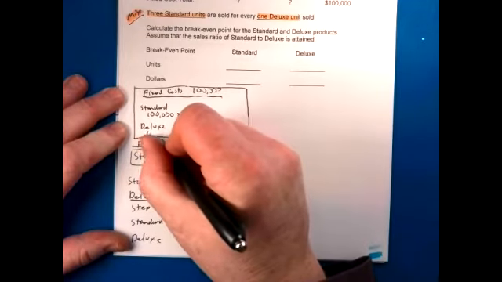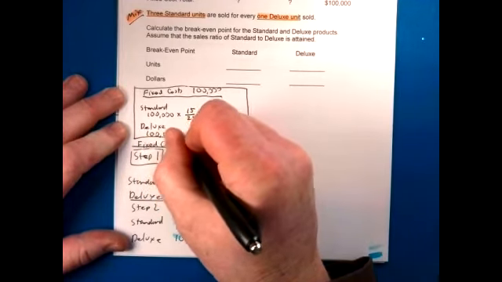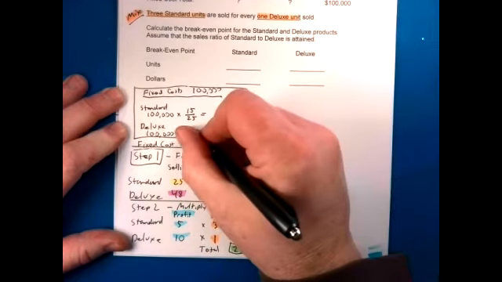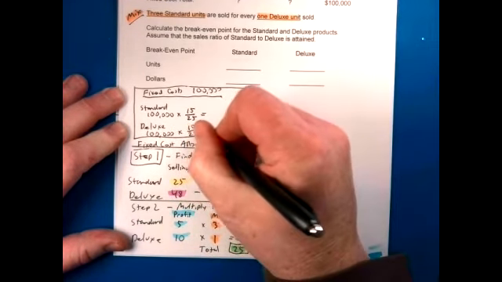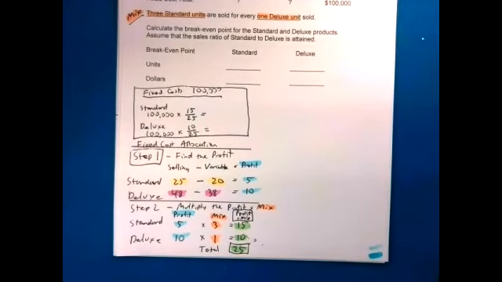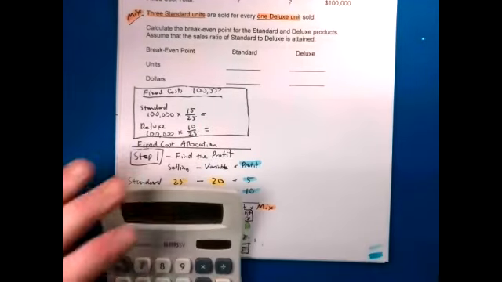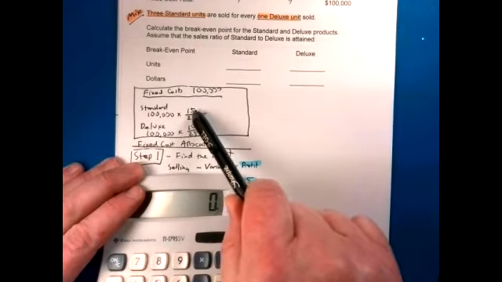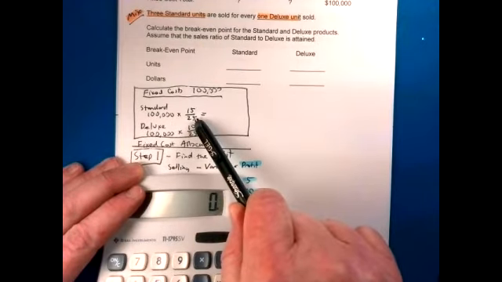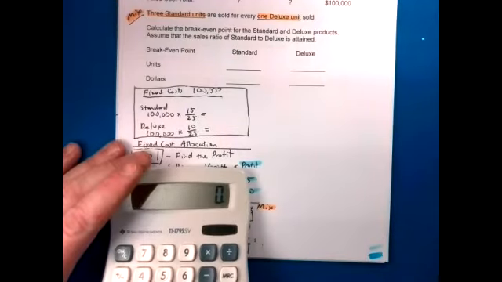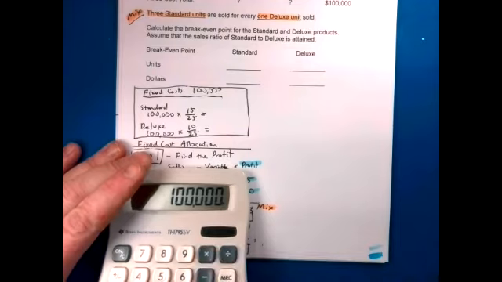The deluxe will be 10 of the 25. And that's how much they're going to get. The easiest way to do this is just take the 100,000 times 15, divide by 25. You could also do this first and then multiply it, but it doesn't matter. I'm sure you guys know how to do that.